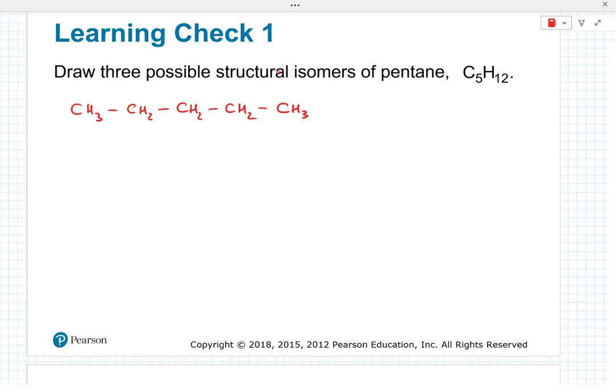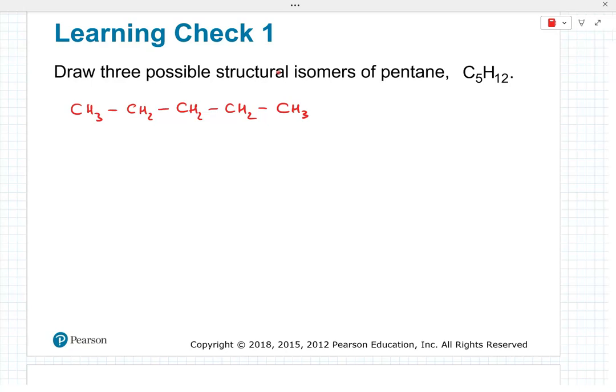Go on. Tell me what I need to do. We need to draw a structural isomer, in which you have the same number of carbons, same number of hydrogens, same number of bonds, but atoms and bonds are rearranged.